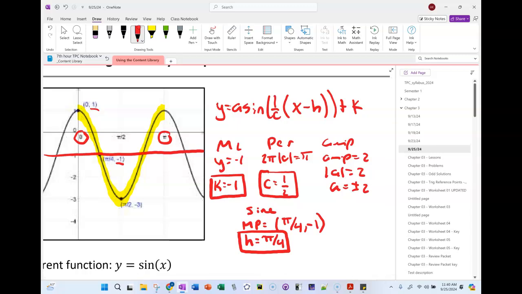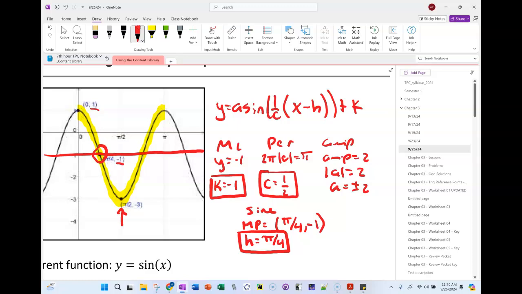Now that I've picked the point I'm using and the function I'm using, sine, I can figure out the sign for A. That's the last thing. If I'm using that midpoint, I look at the extrema to the right of it. That extrema is a minimum.